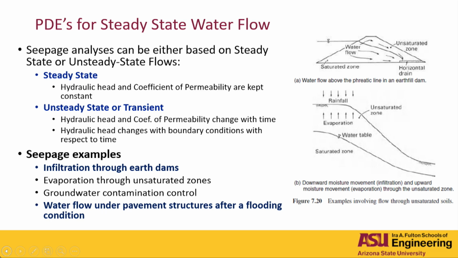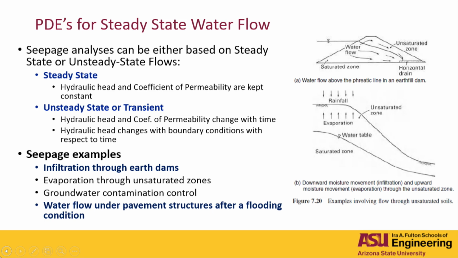Like I explained yesterday, seepage can be either steady state or transient. For the steady state, you're going to need the hydraulic head, which we explained a lot, and the coefficient of permeability or hydraulic conductivity, and they're kept constant during the whole process. For the unsteady state or transient conditions, the hydraulic head and the coefficient of permeability change with time.